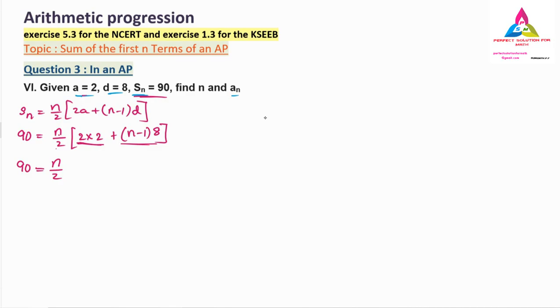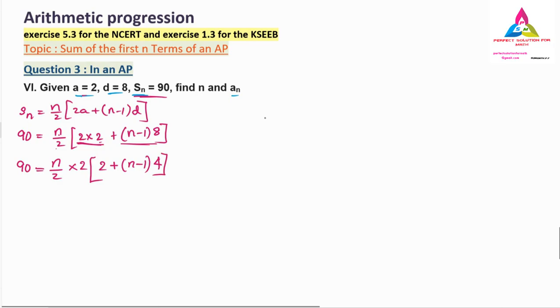Here you can see 8 is an even number, 2 is an even number. So what can we take? 2 can be taken outside the bracket. So what will remain inside? 2 is taken outside, so one more 2 is left inside, plus n minus 1, we can't take anything common because we have taken common from 8, because multiplication we have. So in that 8, if you take 2 common, 2 4s are 8. This is the thing we have to do. What have we done?